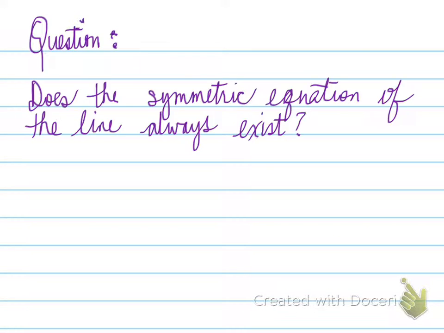All right, let's move on. Here's a question. Does the symmetric equation of the line always exist? Remember that the symmetric equation has something on the bottom. What is on the bottom? Does that value always exist? Well, folks, let's look at the symmetric equation.